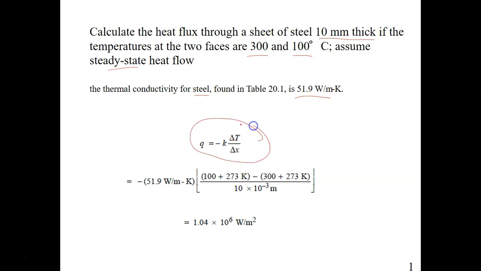You can use this equation to work out Q. K is known, delta T is known, and delta X is also known. You just substitute all the values and you will get your answer.